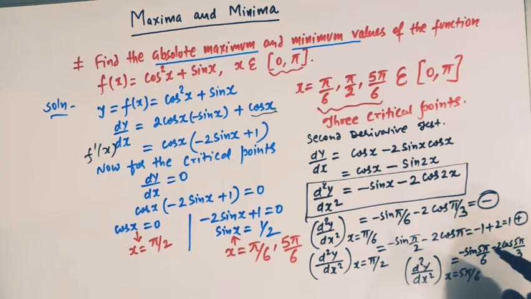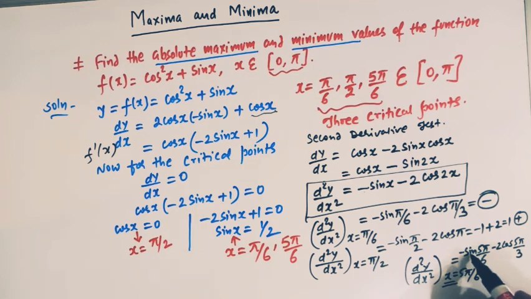So now, as we have said earlier, while we calculate the values of the second derivative, we are not interested in the numerical value, but only in the sign of the second derivative at that particular point, right?